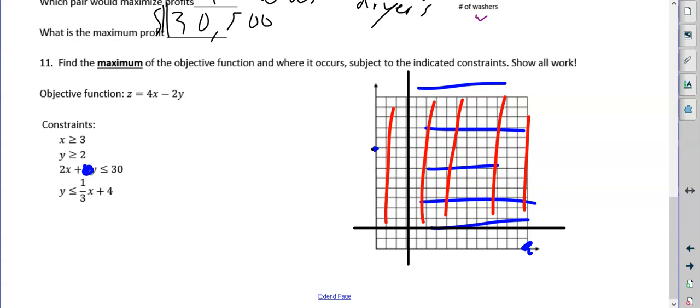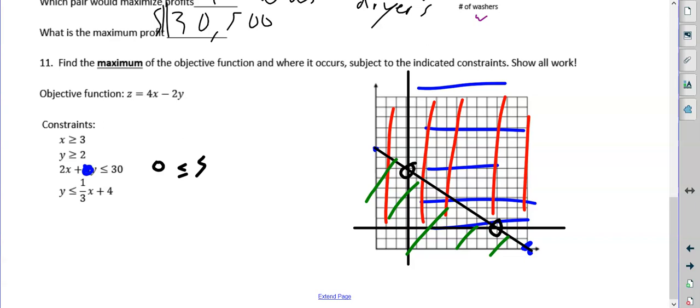Connect those dots. Has to be perfect, like so. Not sure if it's going to matter, but notice I do have an intersection right here. We'll see if that matters later. And right here. Okay. I'm going to test 0, 0. 0 is less than 30. True. So that's going to be everything under this line.